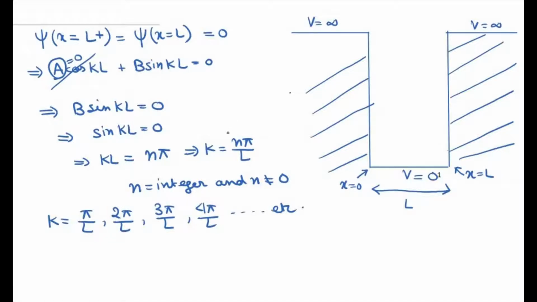But here the wave function must become 0 at x equal to 0 and x equal to L, so k can only take one of a set of specific values. k is not a continuous variable.